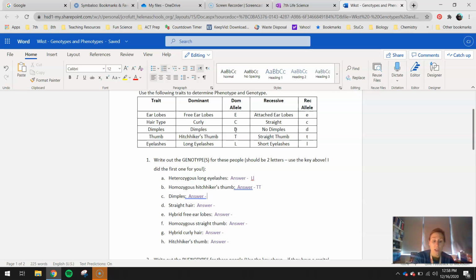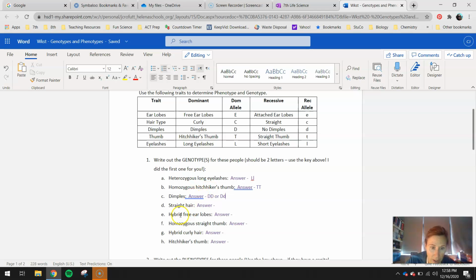That individual could either be capital D, capital D, where both parents passed down the dominant trait, which gives us an offspring with dimples. Or it could be big D, little d. Because 1 parent can pass down the dominant trait and 1 can still pass down the recessive trait, but that kid will have dimples because it has the dominant trait. So that's an example of one that has 2 answers.